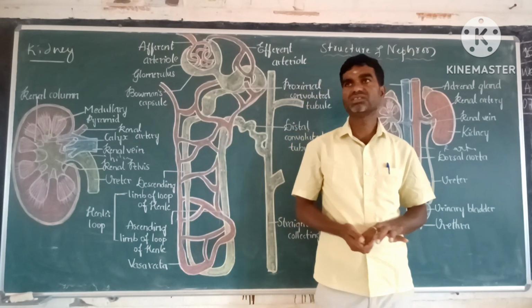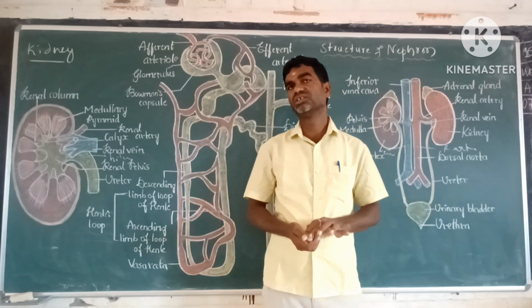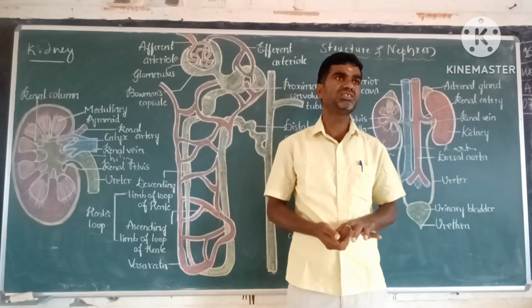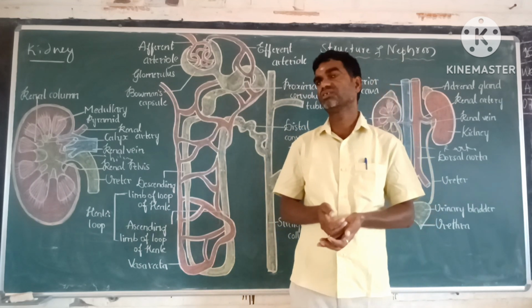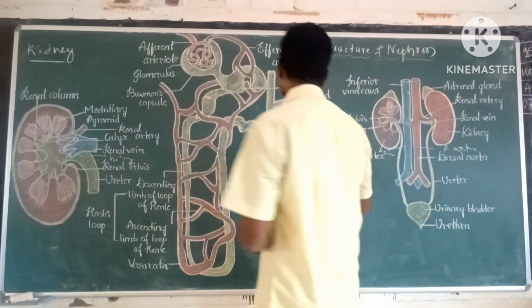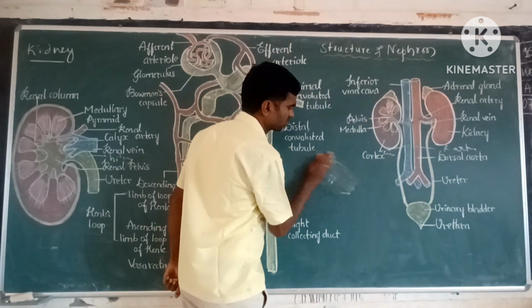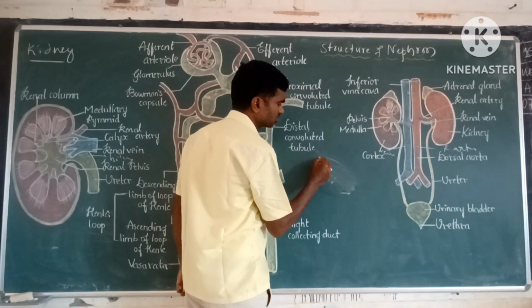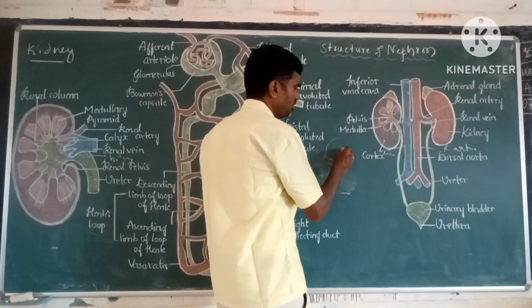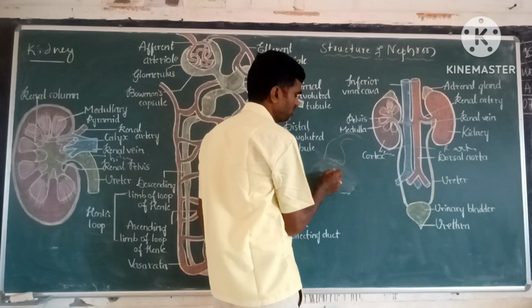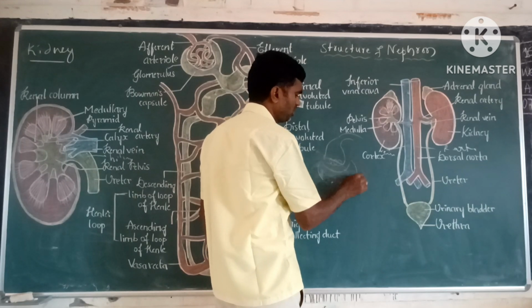The nephron contains two parts. Number one is the anterior region, called the capsule, with the glomerular part. Next is the renal tubular part.